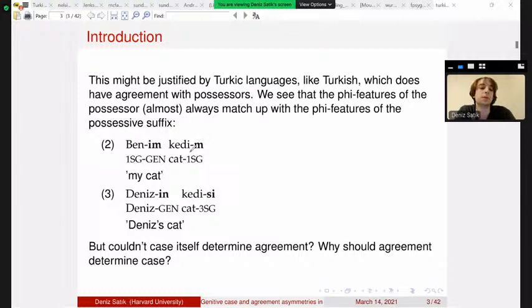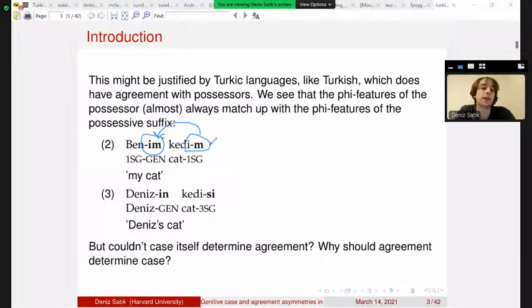So there's agreement on the possessum, the possessed thing. And according to Chomsky and his followers, this is what is responsible for assigning the genitive case on the possessor.